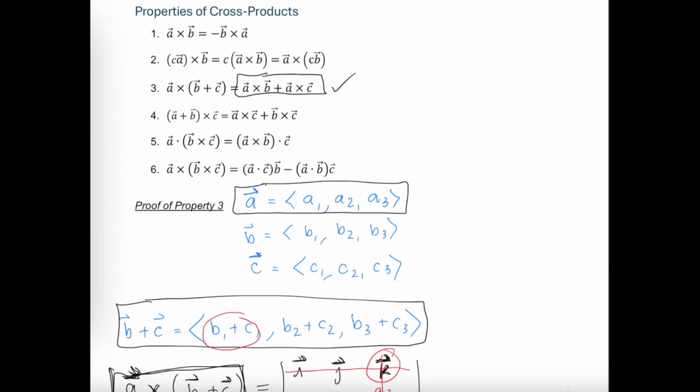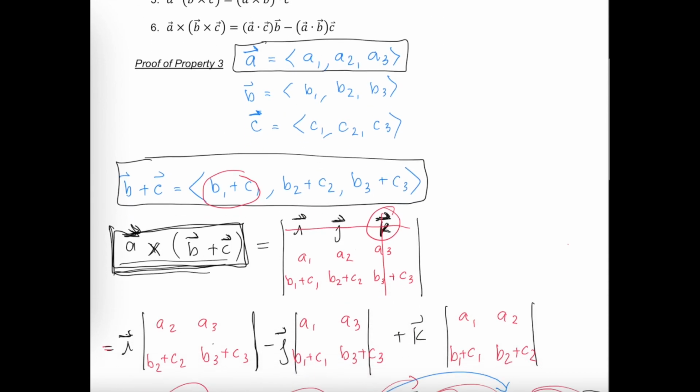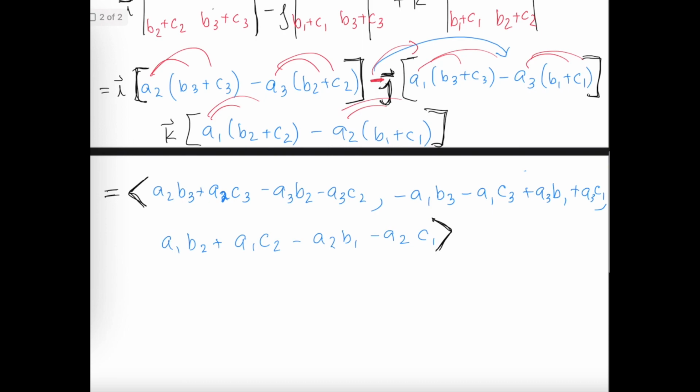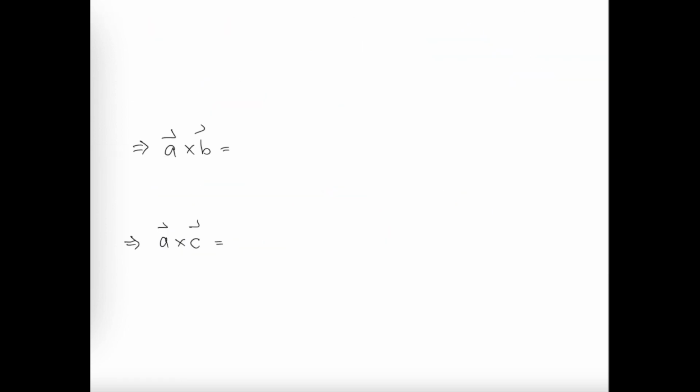And it may actually benefit us to look at what A cross B actually looks like, and what A cross C actually looks like, so that we can see a little bit easier what it is that we are trying to make our vector approach. So by definition, A cross B is A2B3 minus B2A3, or let's call that A3B2.